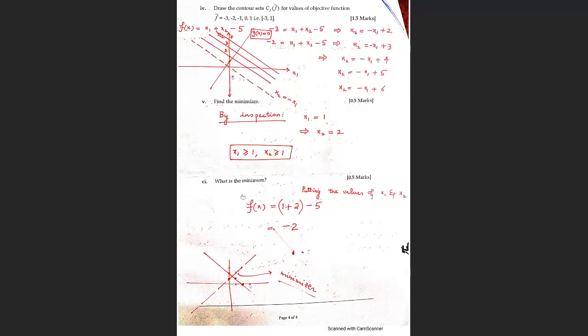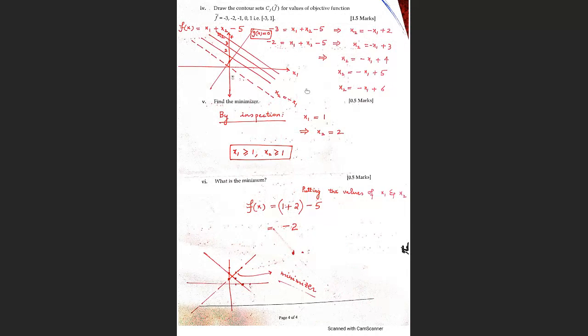So this is how you can work towards the minimizer and the minimum. If you see the last two parts, as soon as you draw the contours, you find the minimizer and then the minimum. Now there is one more thing: there are a lot of parts. If the overall marks are 6.5, even if you are not able to find the minimizer, but you are able to do 4 of the parts, that means most of the things would be done, right?